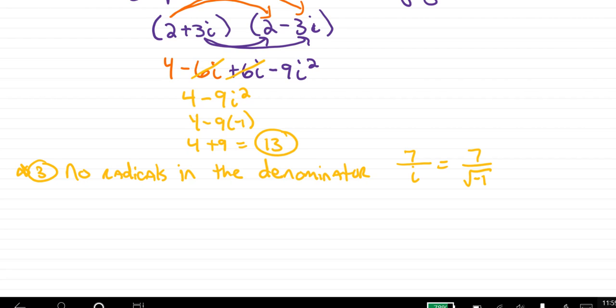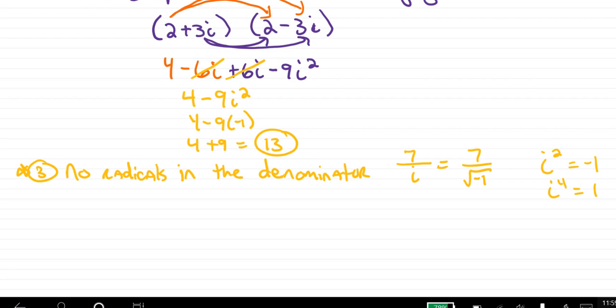The way we get rid of radicals in the denominator is we can do a few different things. We can square it, etc. If we had an i squared, that's negative 1, so we can get rid of the i in the denominator. If we had an i to the 4th, that's positive 1, so we can get rid of the i in the denominator.